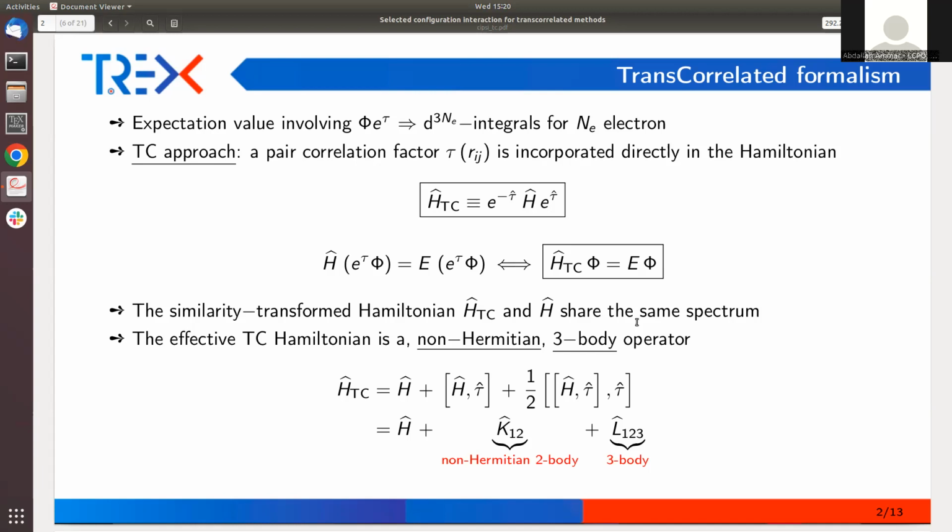So we can figure out how we get stationary equations instead of the variational equations. I believe that we can do the usual optimization within transcorrelated Hamiltonians.